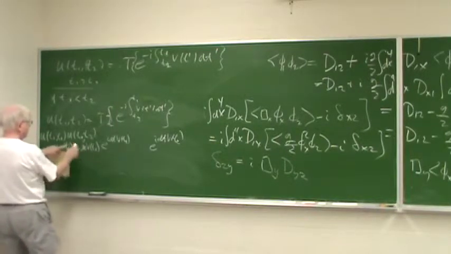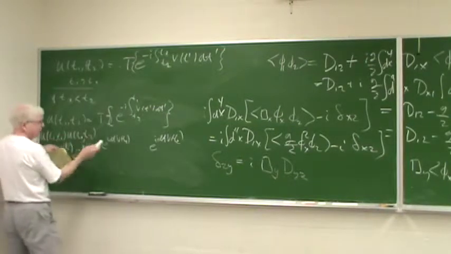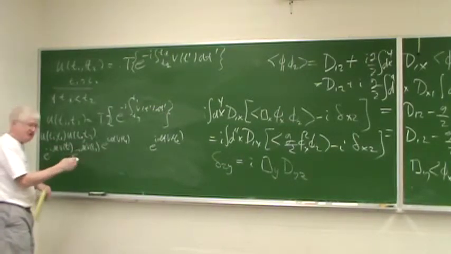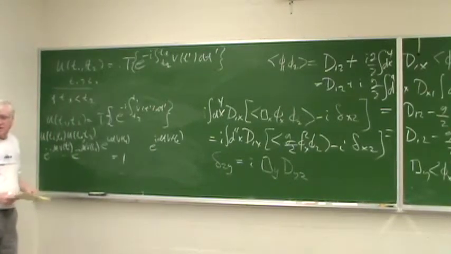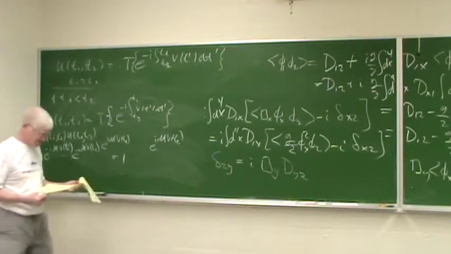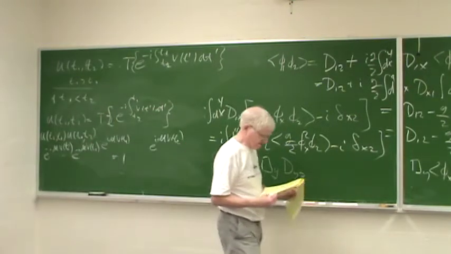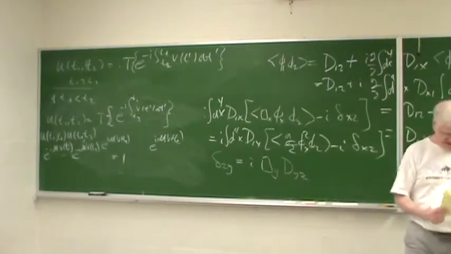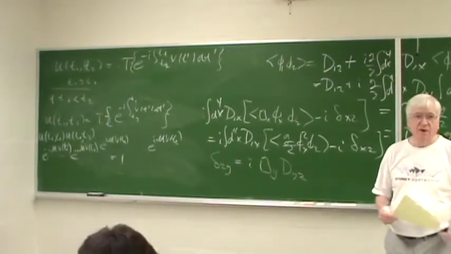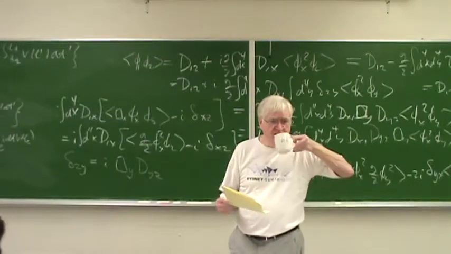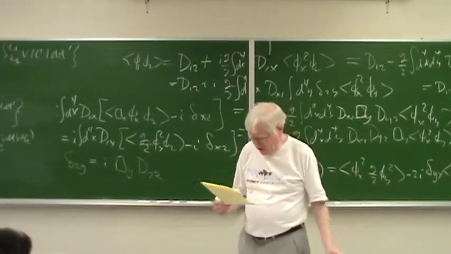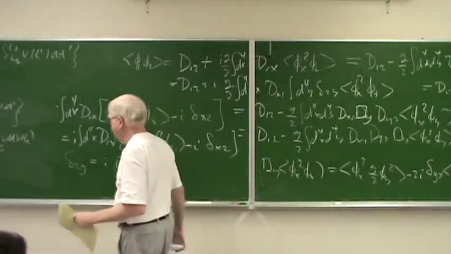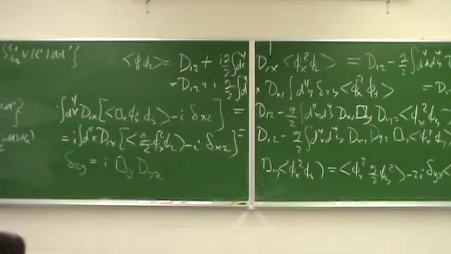And now, with U of t1, t2 interpreted in this generalized way, you can see that you get 1. Why this might be necessary, I don't know, I'm not quite clear as to why that's the case, but that's for some reason what Schwartz did.